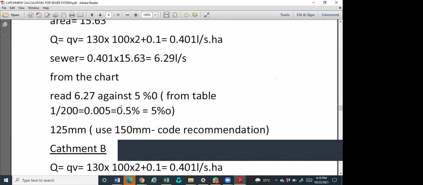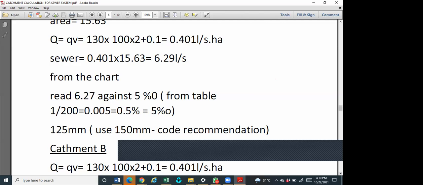Look at where I did it. This is it, 0.5% or 5 per 1,000. They are the same thing. After doing it, you now get the value as 125 millimeter. But I quickly said here, use 150. Why are we using 150? Because that is what the code recommends.